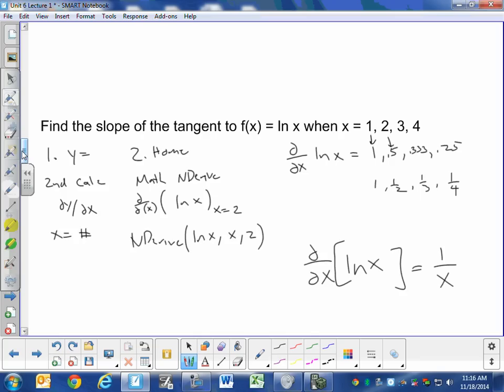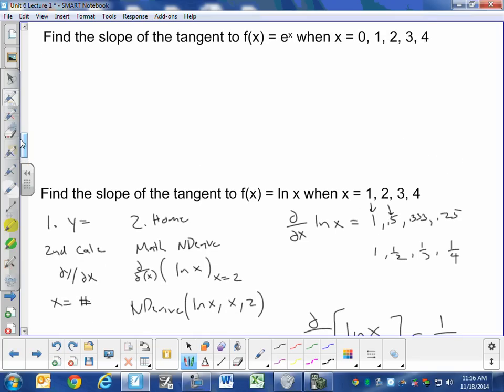We're doing it at 0, 1, 2, 3, and 4. Just round your decimals to 3 decimal places.